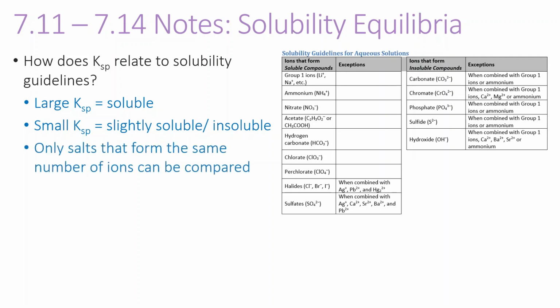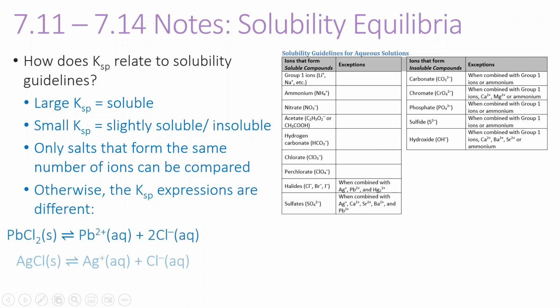Now you can compare the KSP of one salt to the KSP of another salt, but only if they form the same number of ions. Otherwise, your KSP expressions are different. If we look at these two equations here, and we were to solve for our KSP expression using a RICE chart, you see that we get 4x cubed versus x squared.